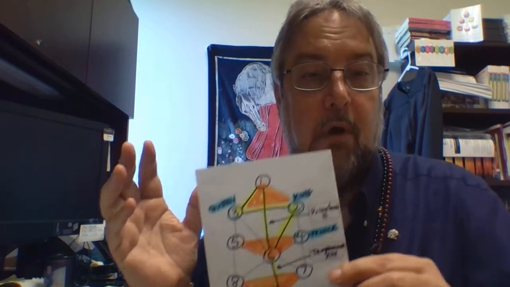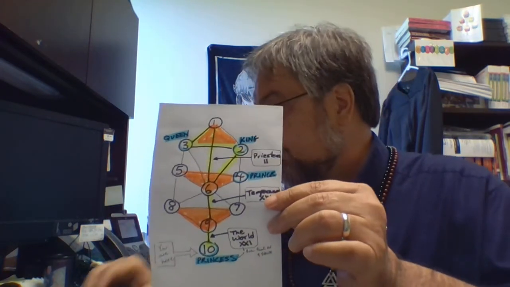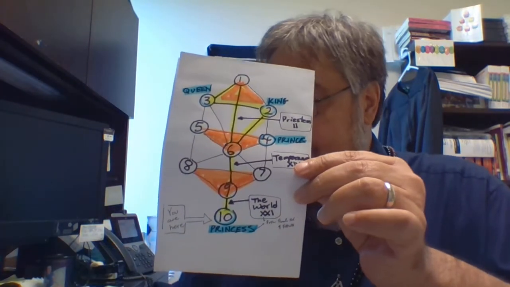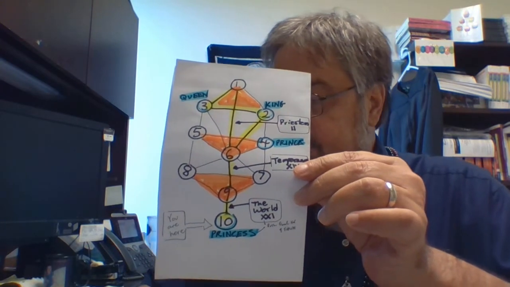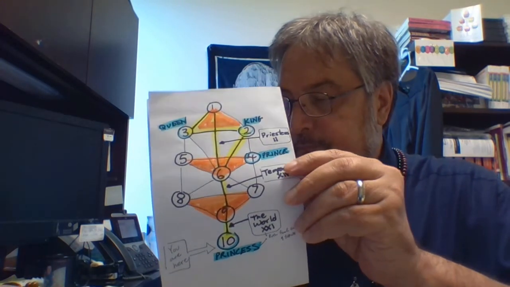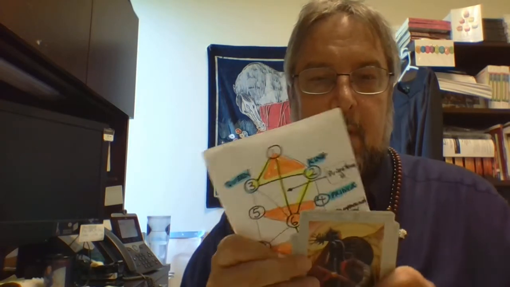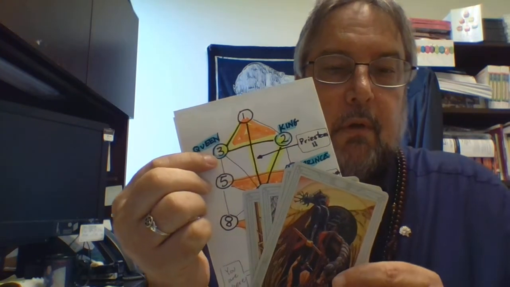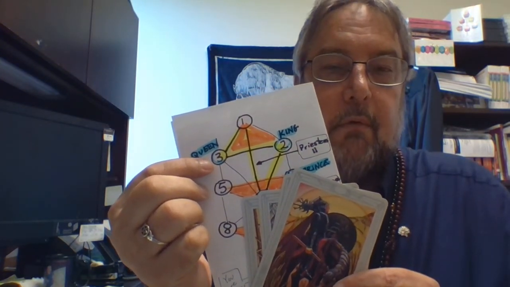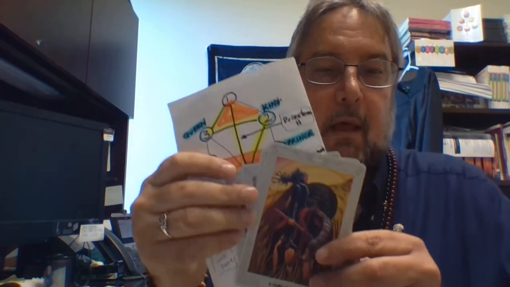The court cards also tell the story. So I'll use the discs as an example. So from the pure Kether comes the supernal father, the king.